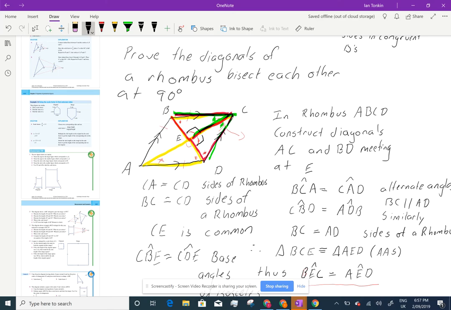Now, to prove that the diagonals bisect each other, you can just go and then state the corresponding sides of all those triangles must be equal. So if I look at that line and that line, they're going to be corresponding sides in this triangle and this triangle.